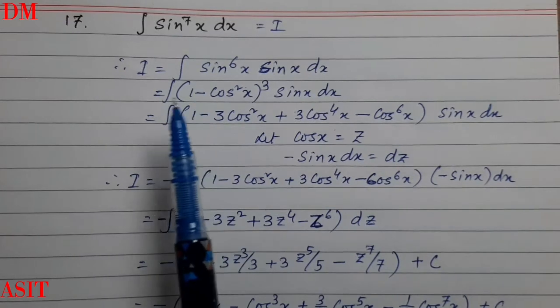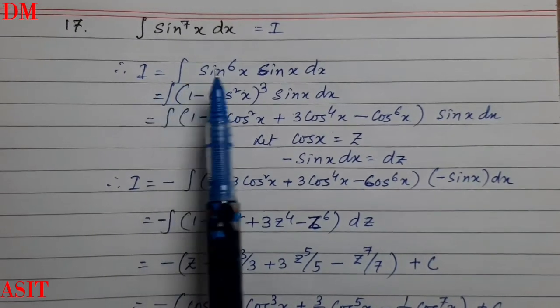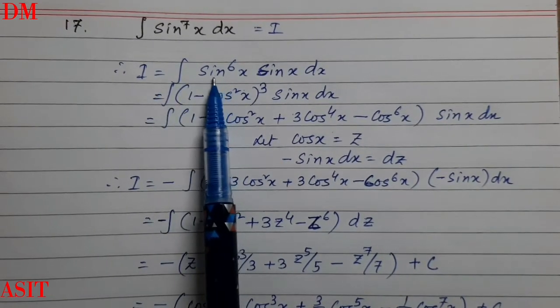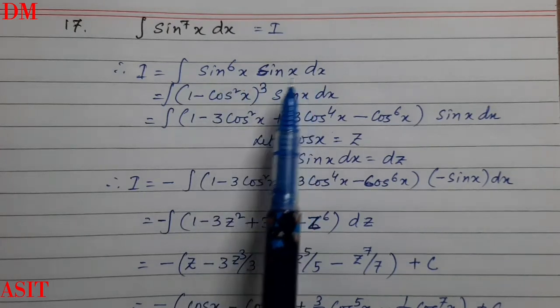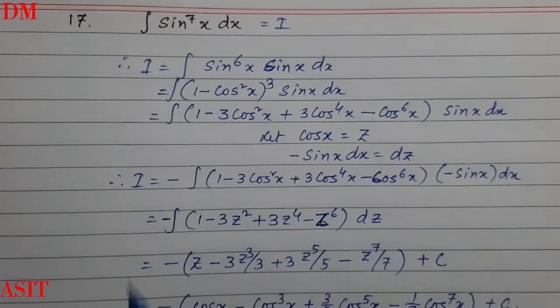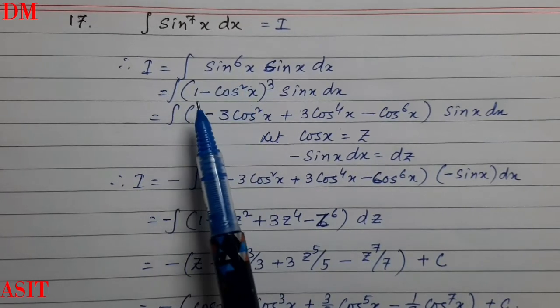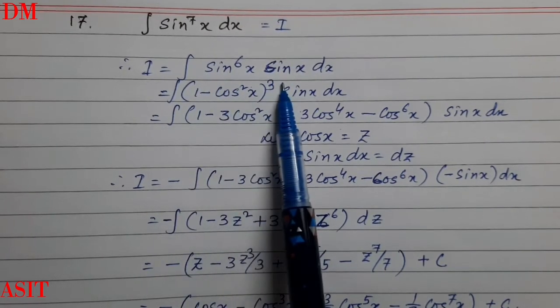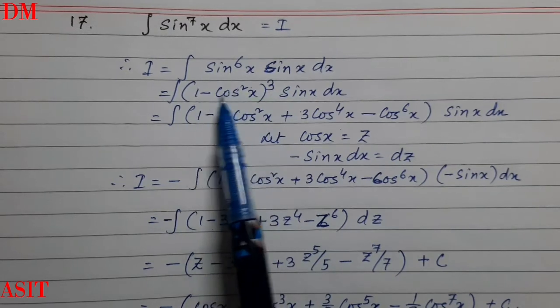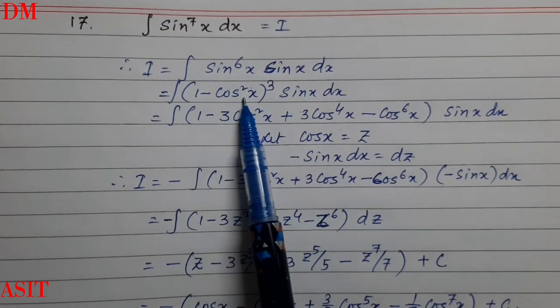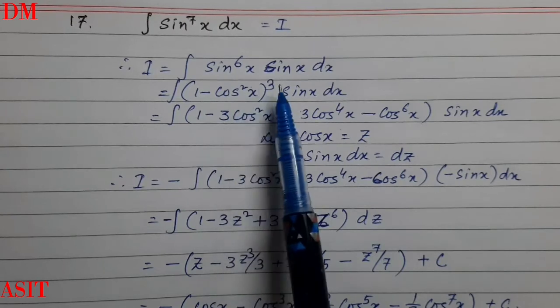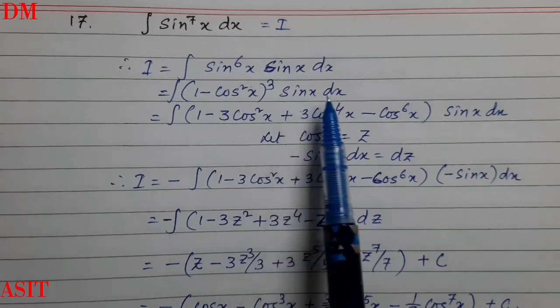So here we need to write sine to the power 6x into sine x dx. Now I will write sine to the power 6x as sine square x whole cube, and sine square x will be written as 1 minus cos square x. So it will be 1 minus cos square x whole cube sine x dx.